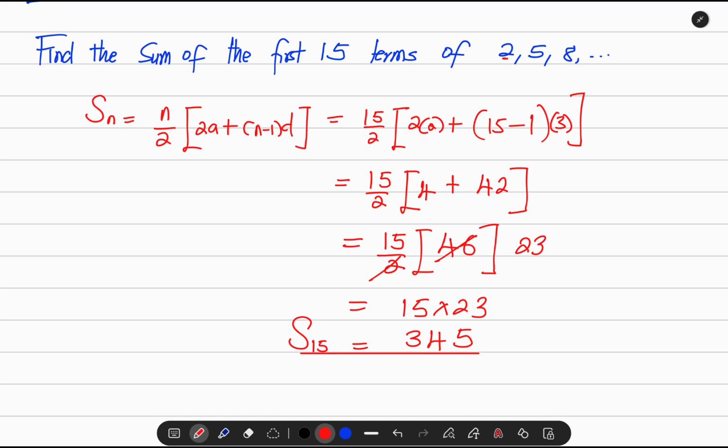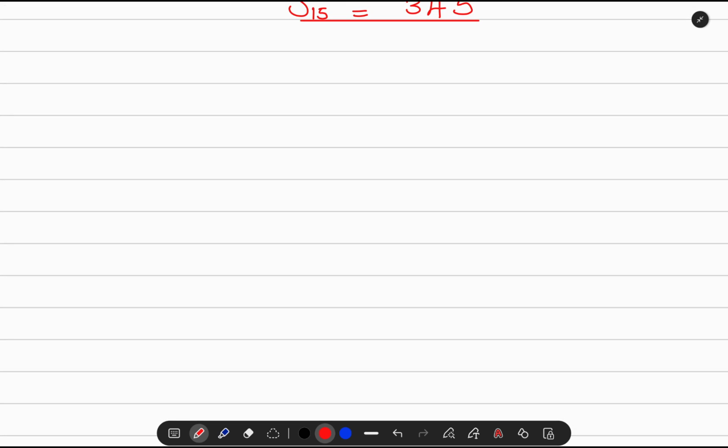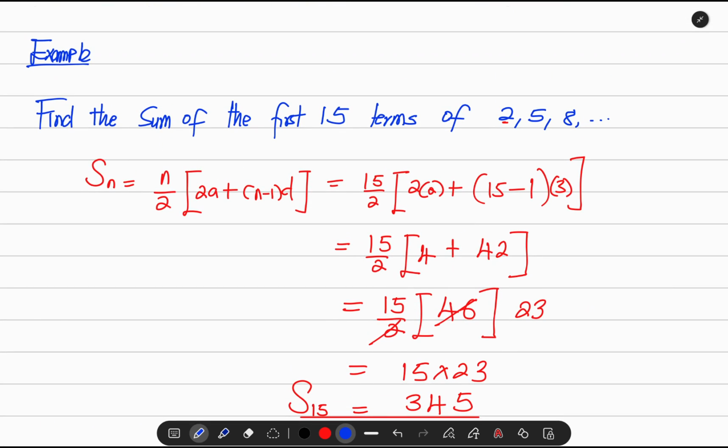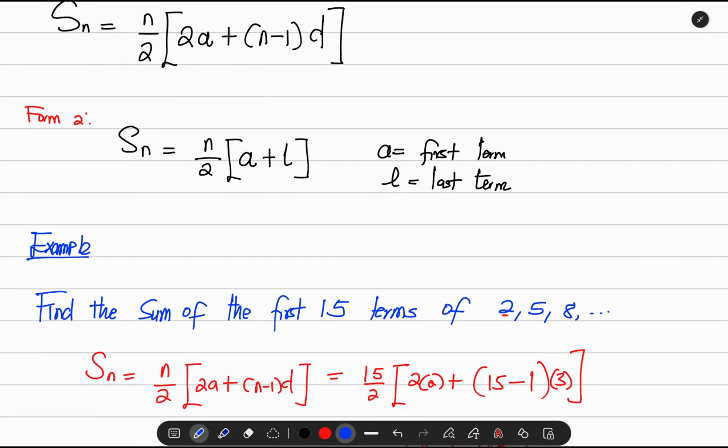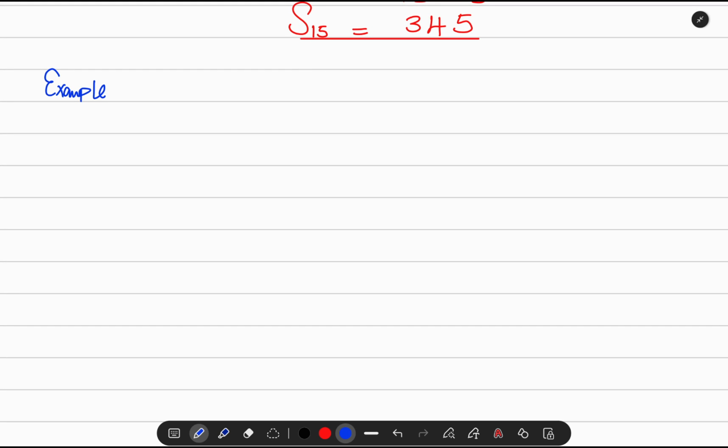Are we together? Now let's look at scenario number 2, where we use the formula with a and the last term. The first term of an arithmetic progression is 10.